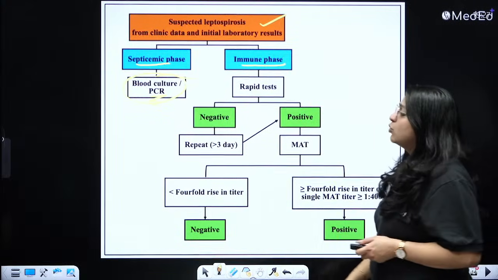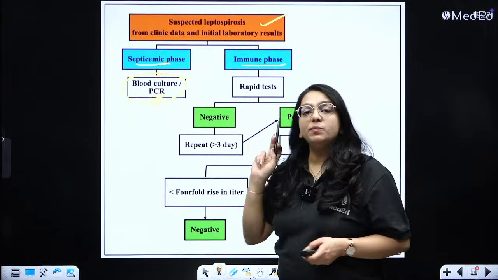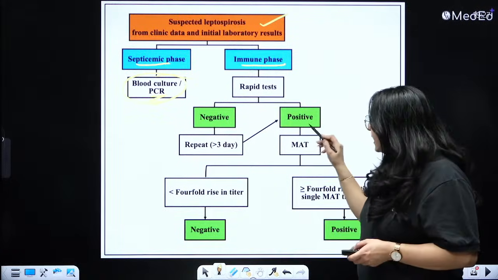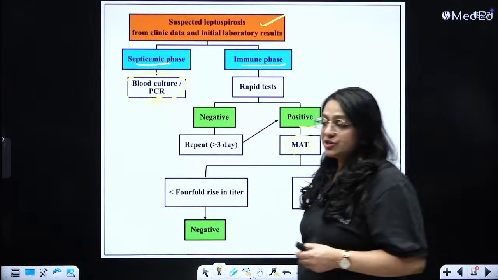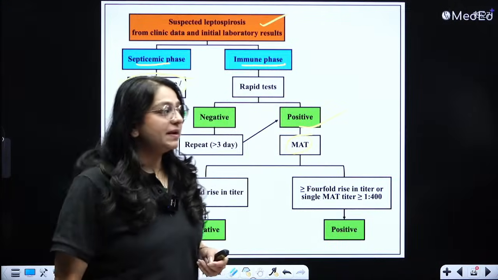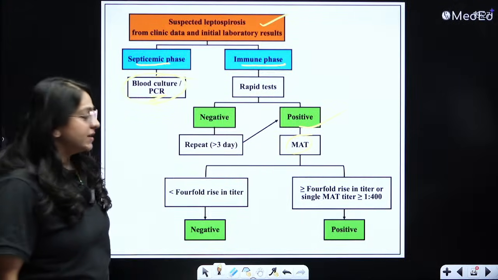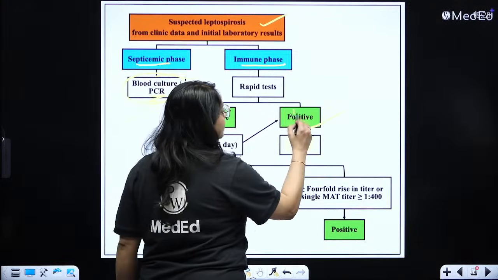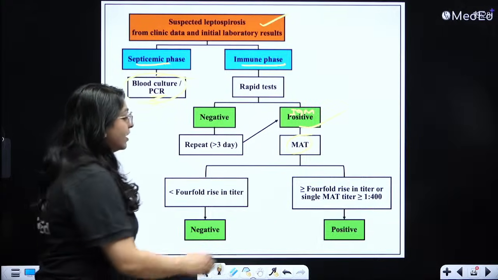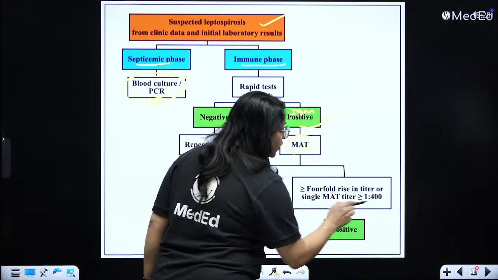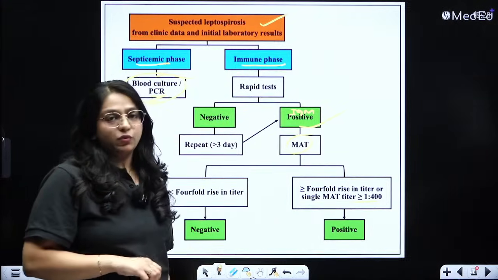In the immune phase, you have to go for rapid tests. If they are negative, you repeat after 3 days. Okay. And then if they come out to be positive, you go for MAT, the microscopic agglutination test, which is the gold standard, also the confirmatory. If IgM is positive, what is this rapid test? It is the Leptospira IgM, which we did in our patient. MAT has to have a 4-fold rise in titer or a single titer of more than 1:400.